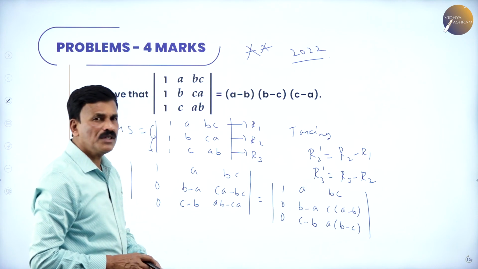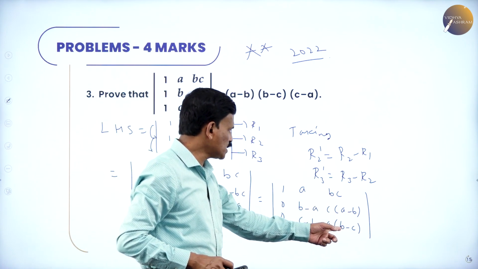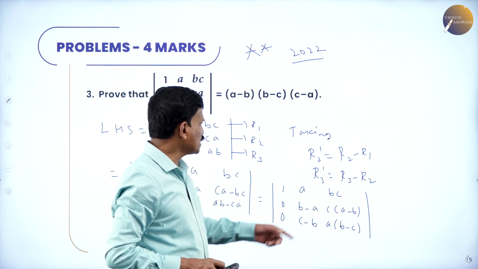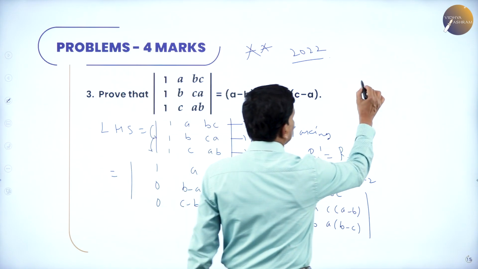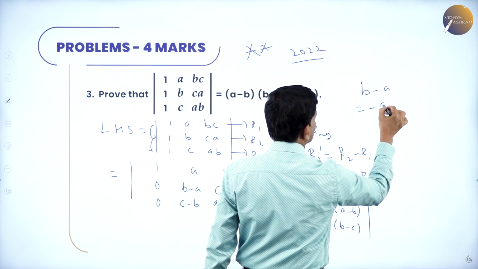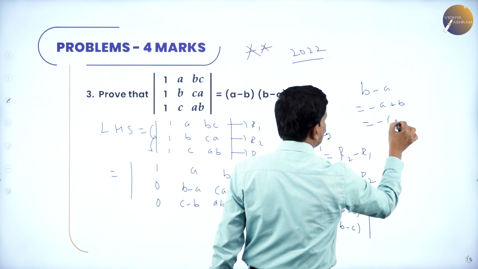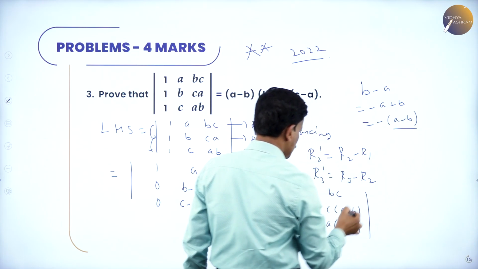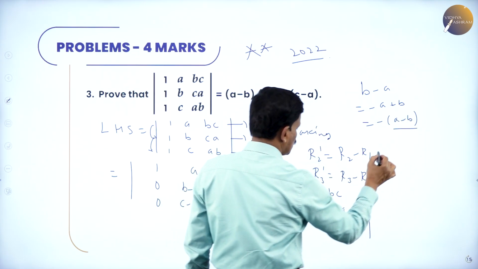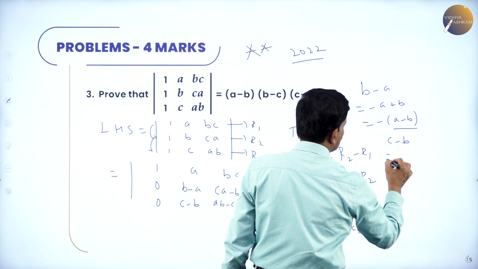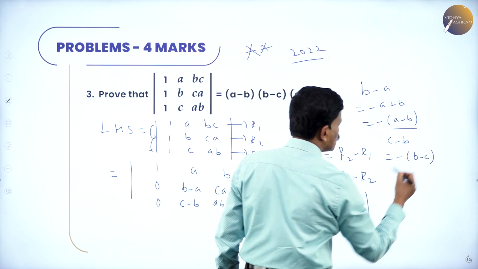Now, we can take a minus b and b minus c as common factors. b minus a can be written as minus of a minus b, and similarly c minus b can be written as minus of b minus c.